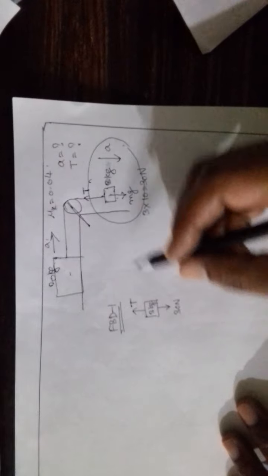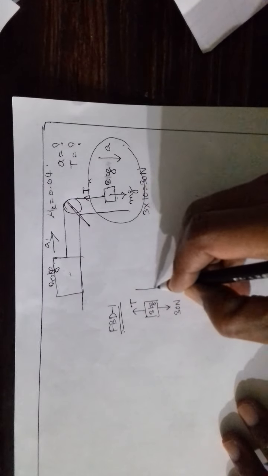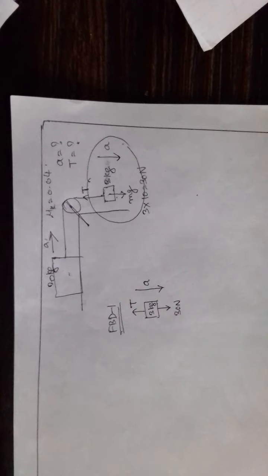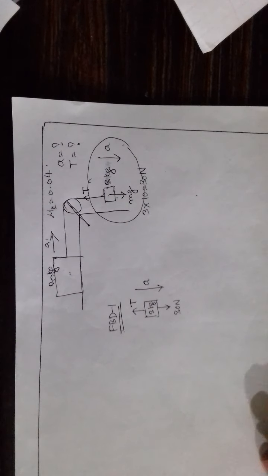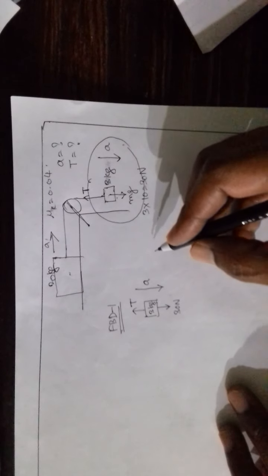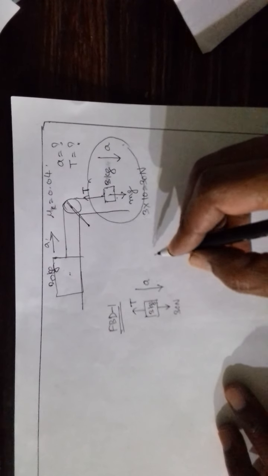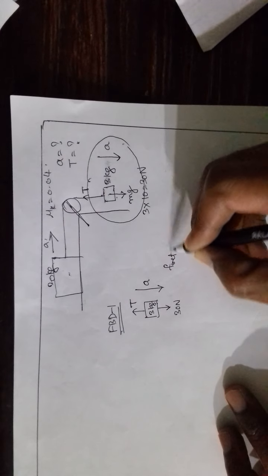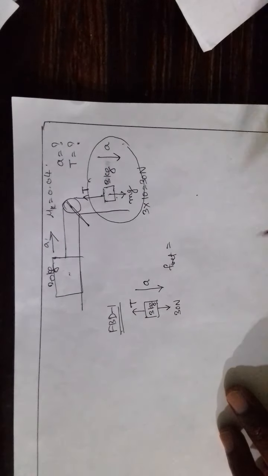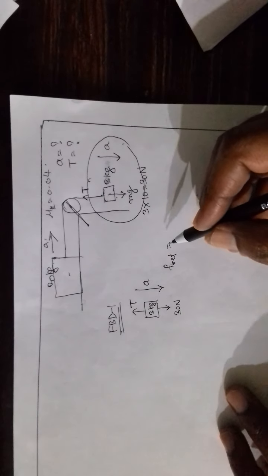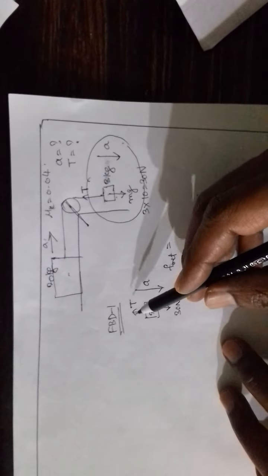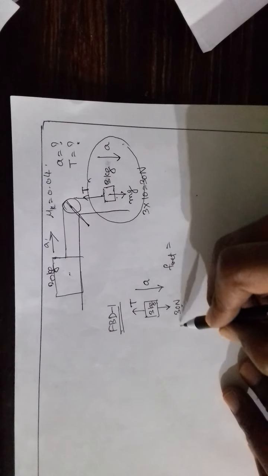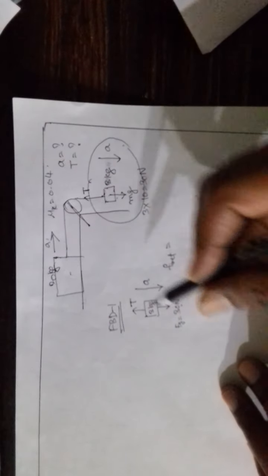This is sliding down with a common acceleration. Therefore the net force acting on the 3 kg body: it is moving down, which means the gravitational force is more and tension is less.